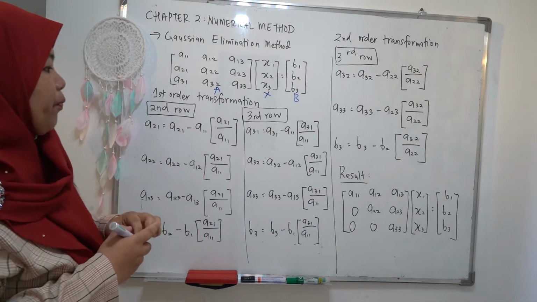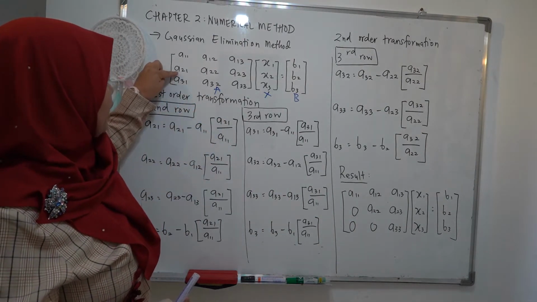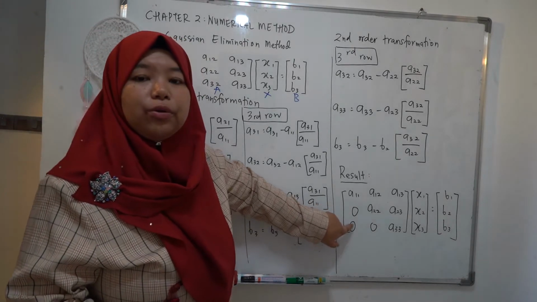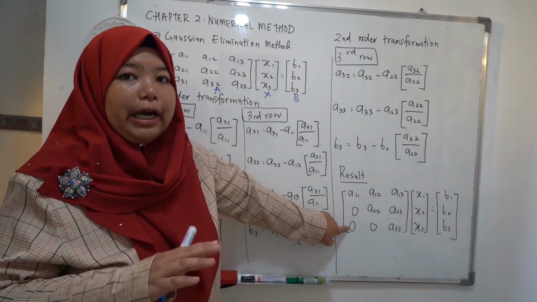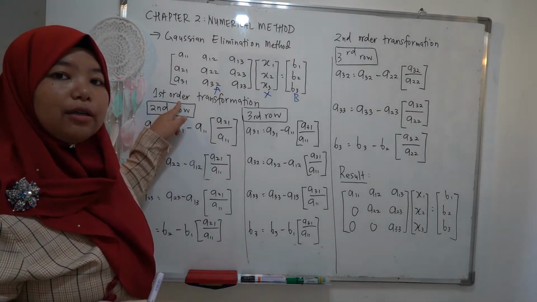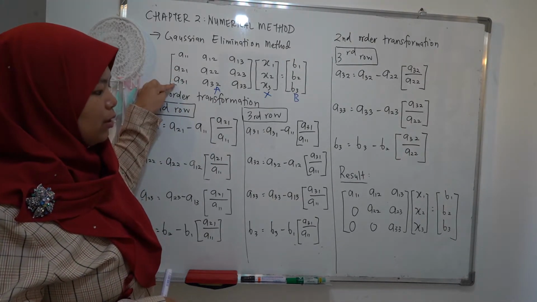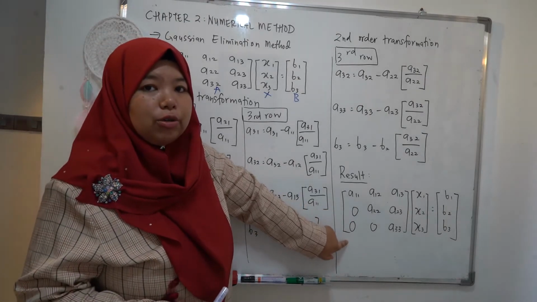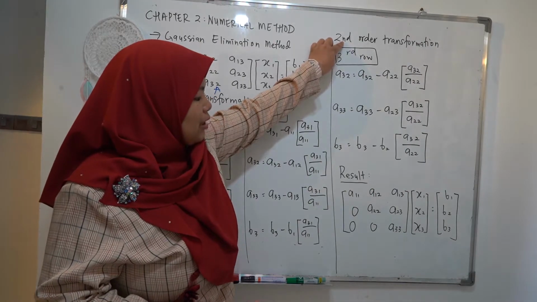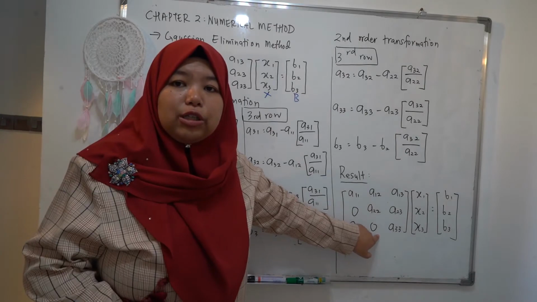For the first order transformation, we will change A21 and A31 into 0. I repeat, for the first order transformation, we will change A21 and A31 into 0. And then for the second order transformation, we will change A32 into 0.